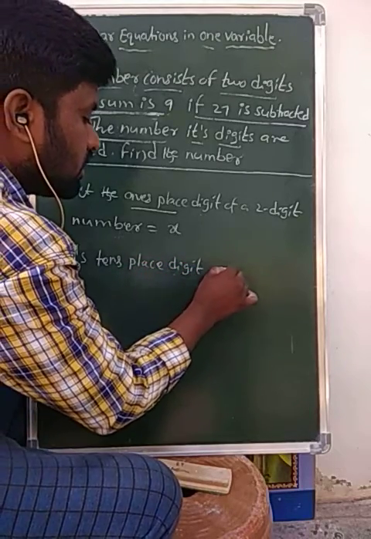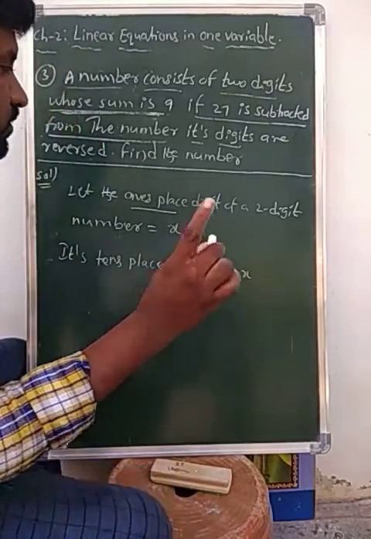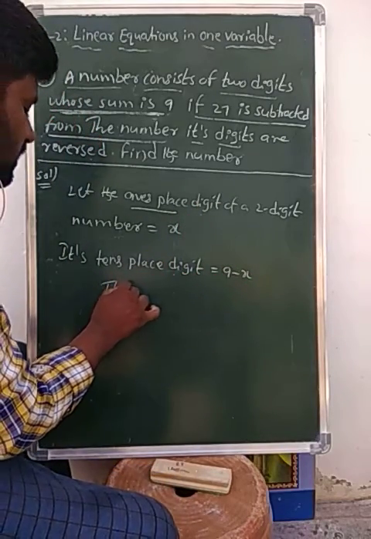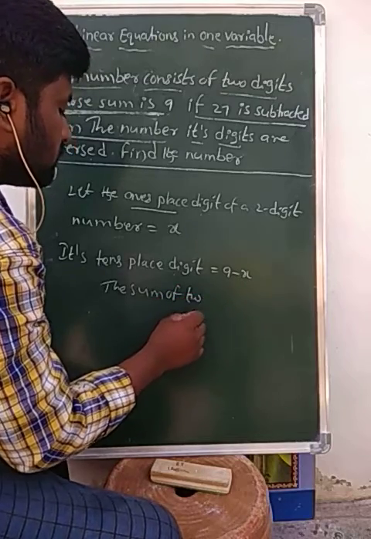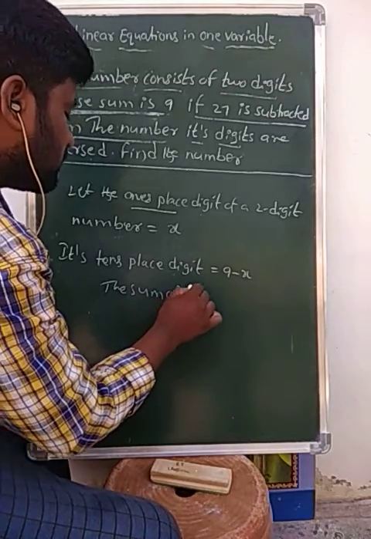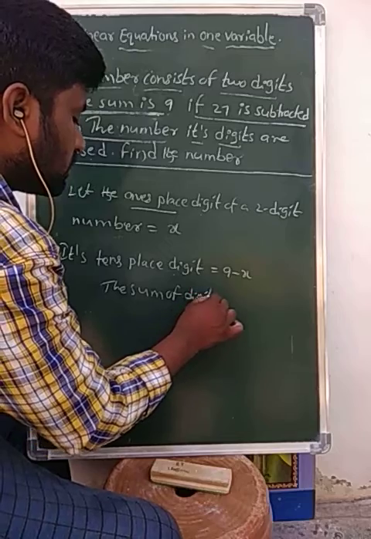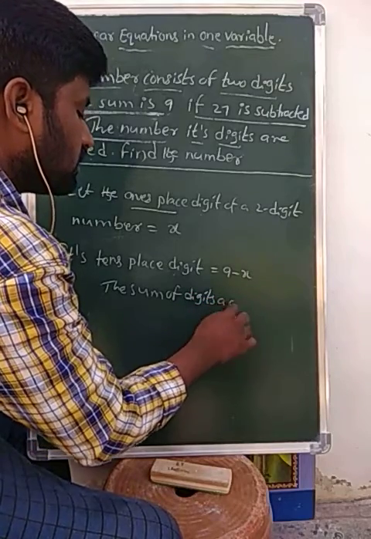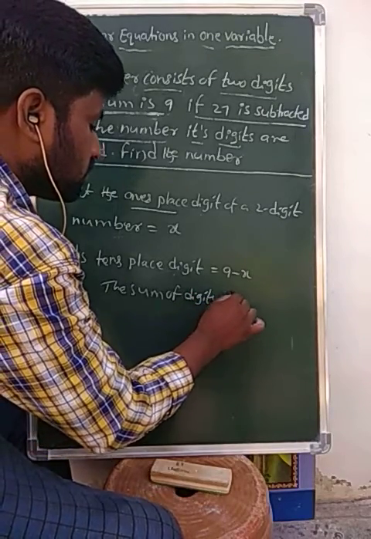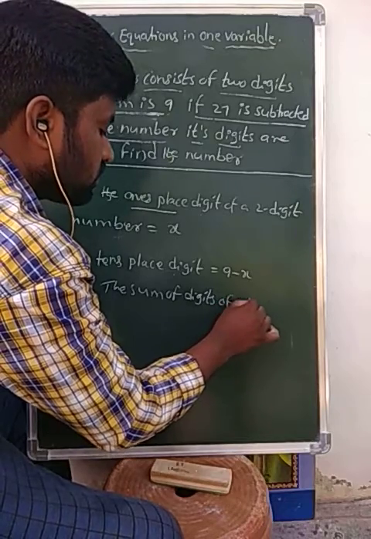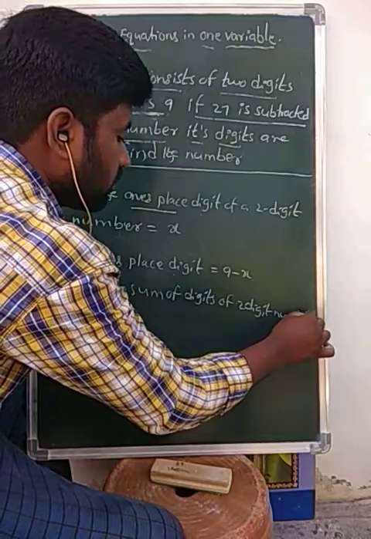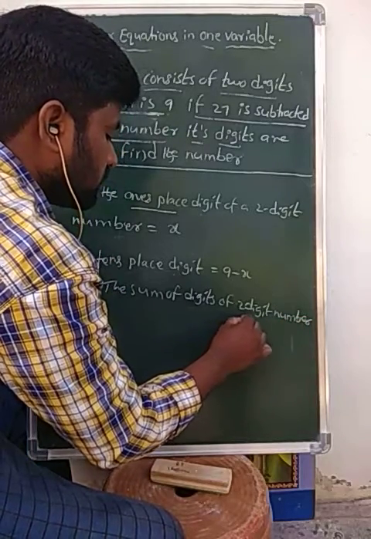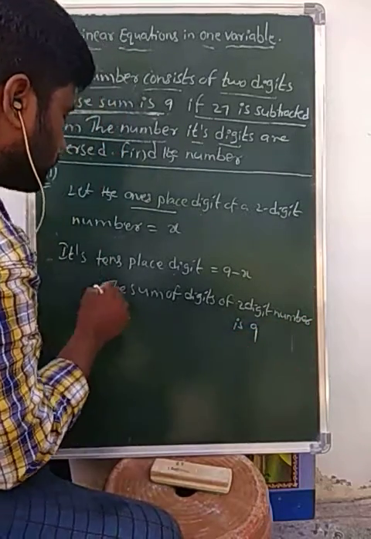That is 9 minus x, because the sum of the digits of a 2-digit number is 9.